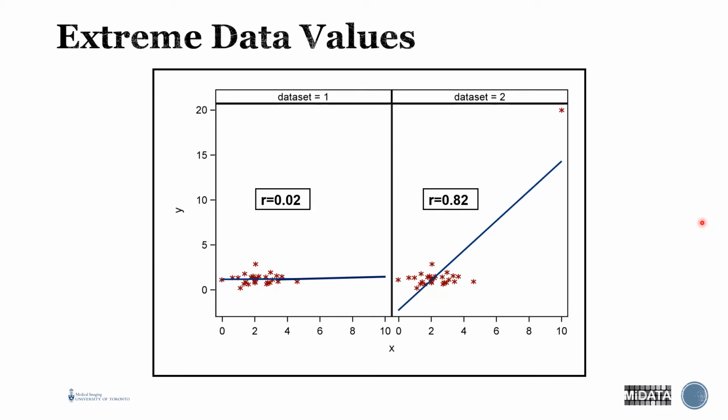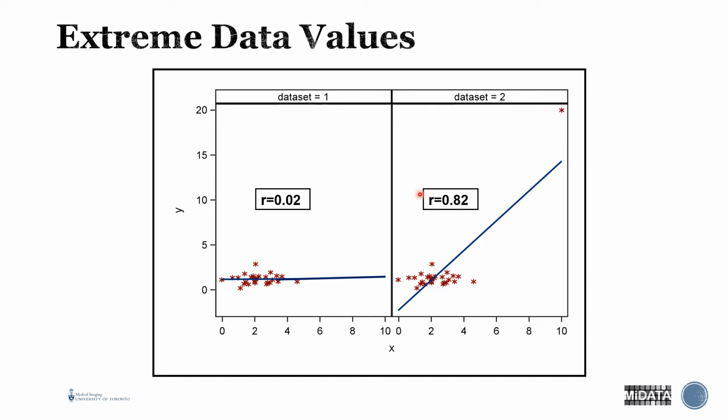Another example of when you need to be careful using correlation or simple regression is when you have an outlier. So you'll see here in the first data set that your R is 0.02, which is basically 0. Not exciting. But in data set 2 here, you have one single crazy outlier, which is probably a typo, and you have an R value of 0.82.